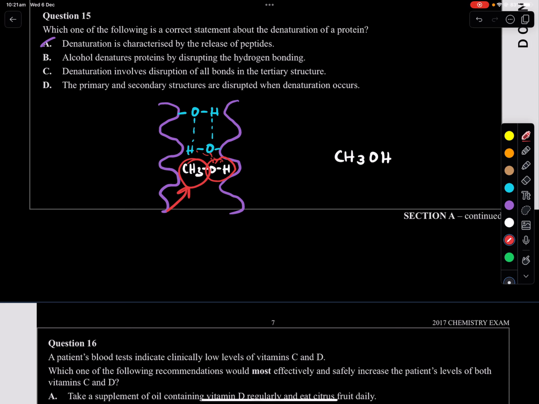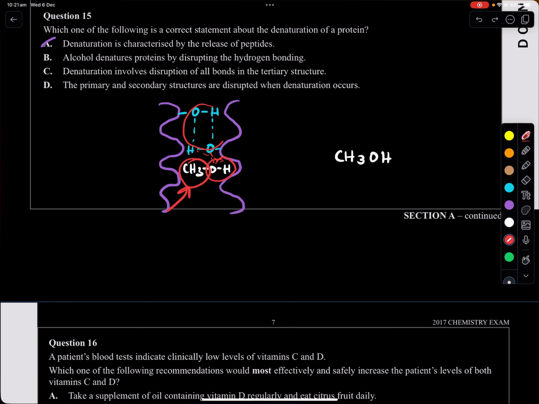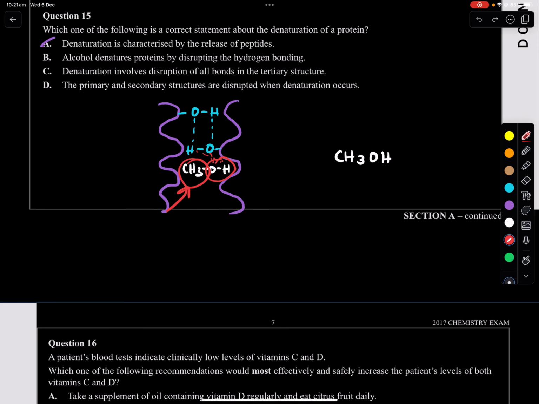Remember, this is very polar, and then you get a non-polar side. For example, it could be propanol, with a larger non-polar group, and it pretty much does disrupt it.